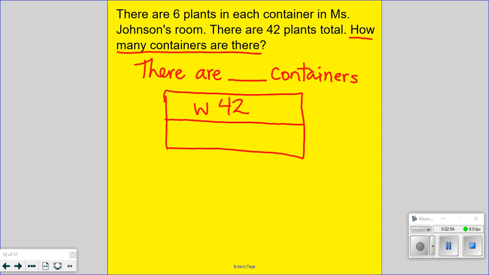But wait, I thought I was counting containers. What do plants have to do with containers? Those are not the same thing. Zach told me it's 42, and those are 42 plants. But I thought I was counting containers.